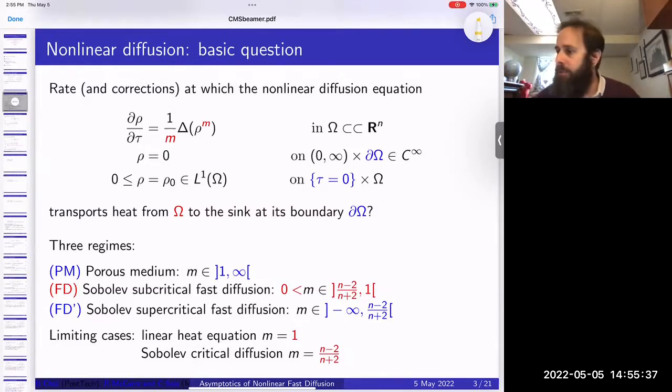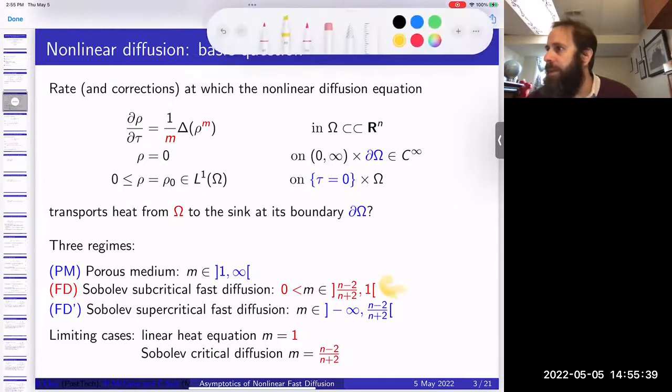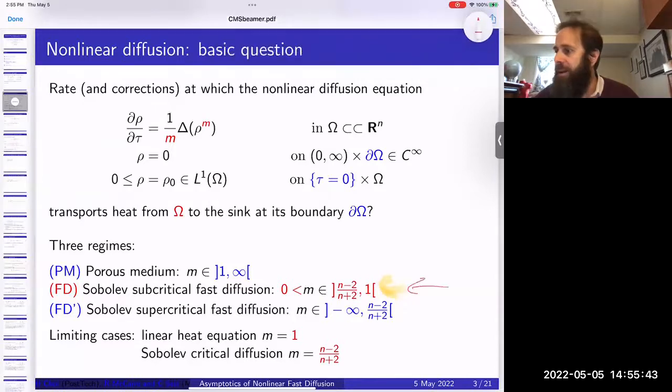I'm going to be mostly focused on what I call the subcritical fast diffusion regime, where the nonlinearity m is less than 1, but bigger than (d-2)/(d+2). I also require m to be positive, which is an additional constraint in case d equals 1. One could also consider Sobolev supercritical fast diffusion.